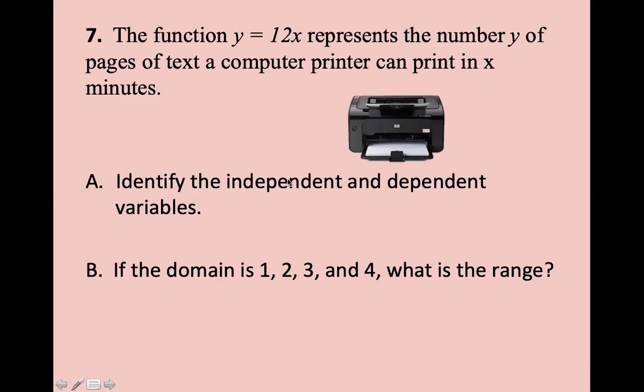Right, number 7 says the function y equals 12x represents the number y of pages of text a computer printer can print in x minutes. Identify the independent and dependent variables. So if you remember, we talked about that the independent variable is your X value. So the independent variable in this case is the X value, but let's talk about what the X value represents.